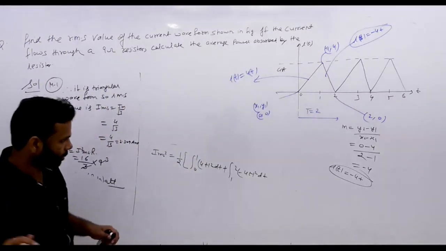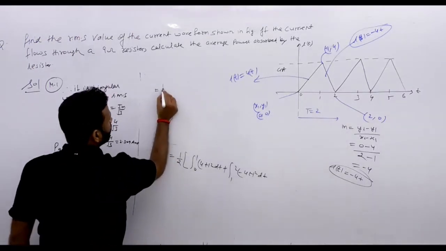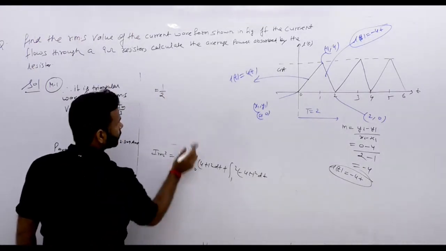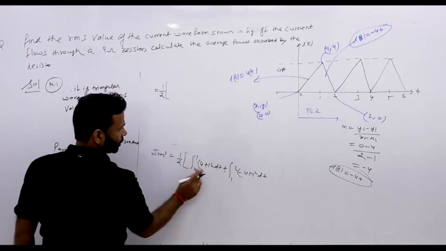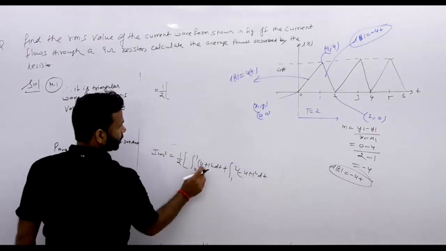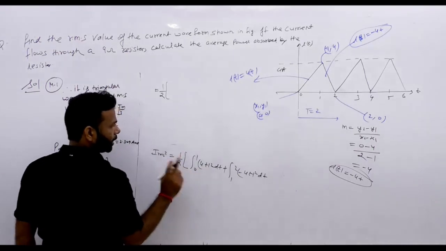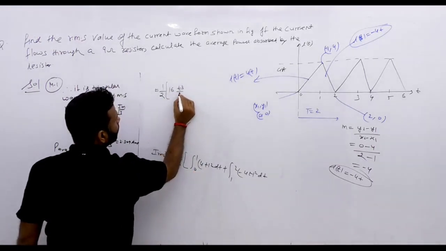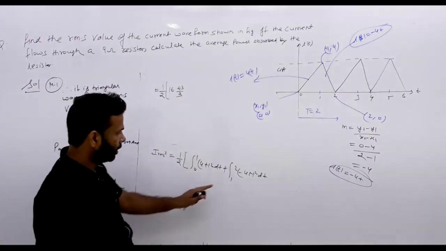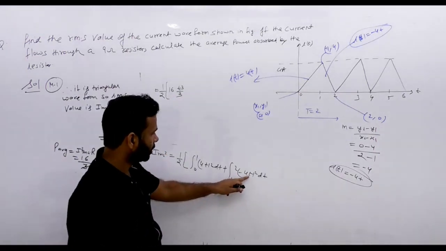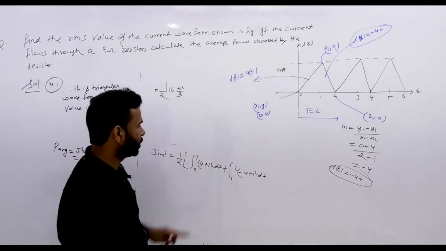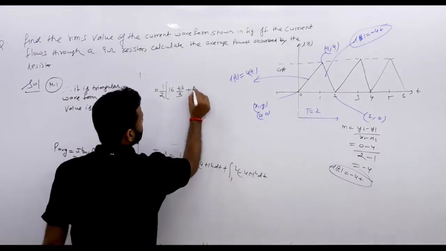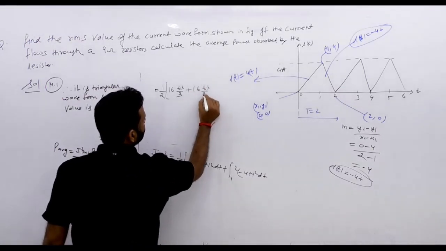Now it is 1/2, 16, and 16 t square dt, and integration of t square is t cube. So 16 t cube upon 3. Agree? Similarly 4 square 16 and integration of t square, that is t cube by 3. So plus 16 t cube upon 3.